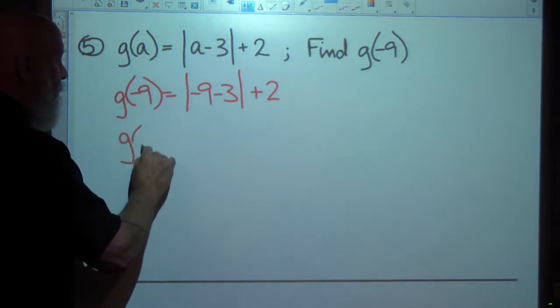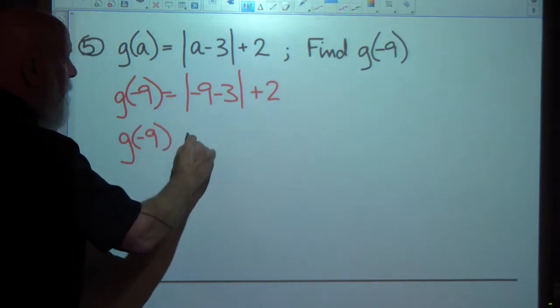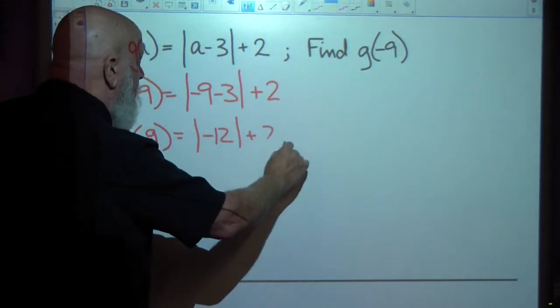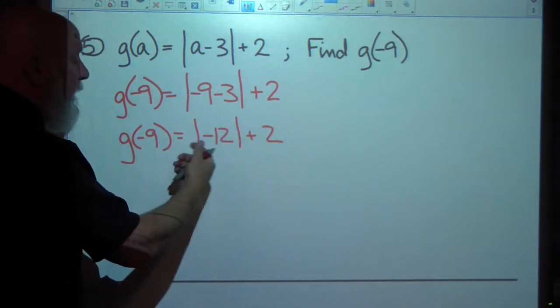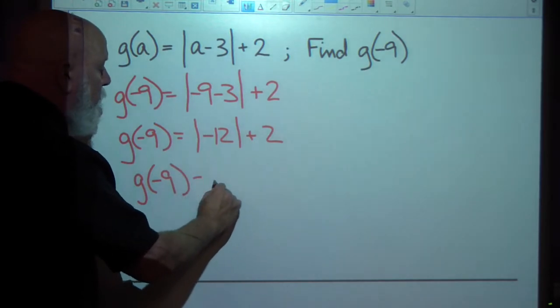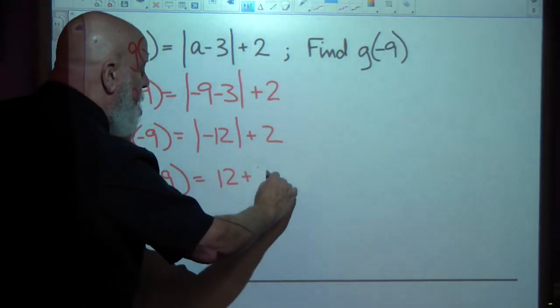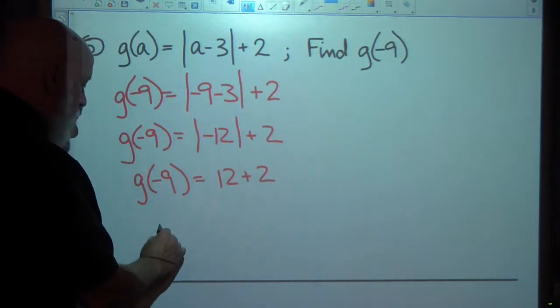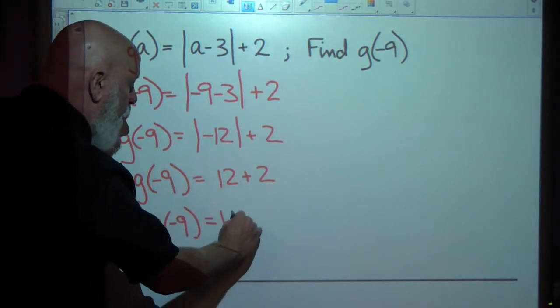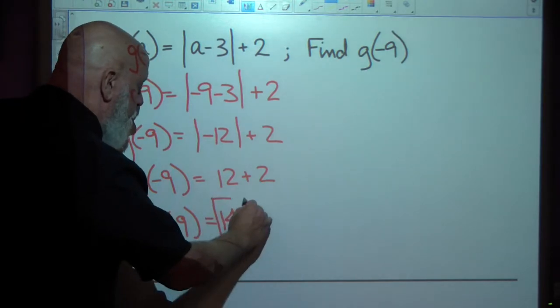So I'm going to wind up with g of negative 9 is equal to the absolute value of negative 12, plus 2. And the absolute value of negative 12 is 12. So g of negative 9 is equal to 12 plus 2. And that will give me 14 if I haven't made any arithmetic mistakes.